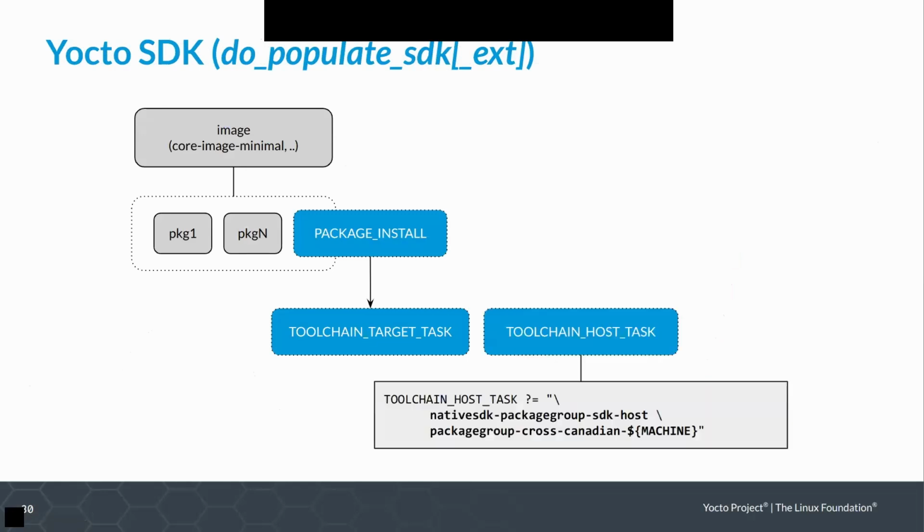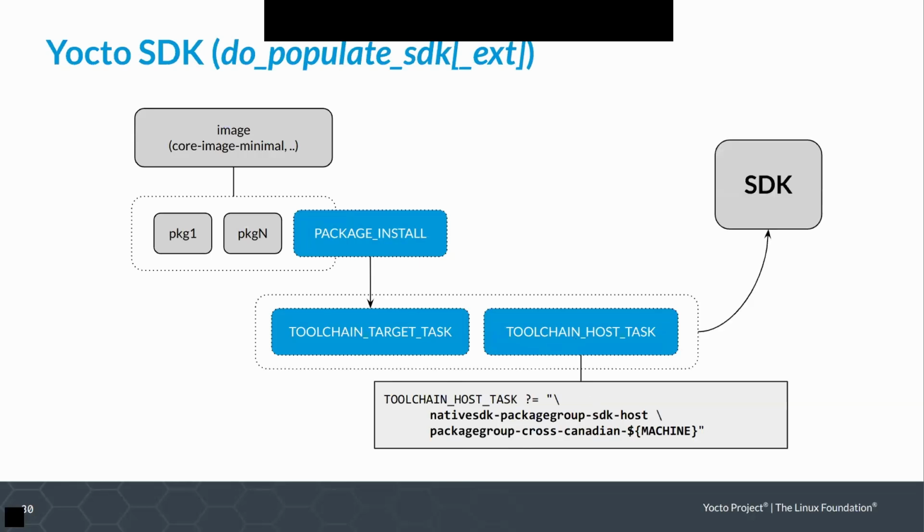There is another variable, TOOLCHAIN_HOST_TASK, that has the default value nativesdk-packagegroup-sdk-host and packagegroup-cross-canadian. This variable contains all packages that will be embedded into the populated SDK.